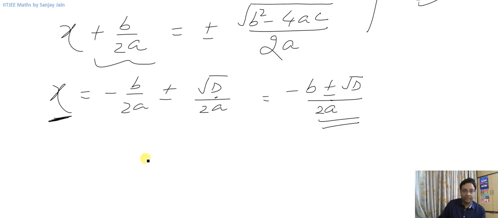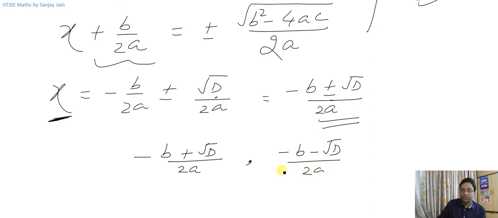I can write x is equal to minus b plus root D by 2a, minus b minus root D by 2a. So these are two values of x, okay, which satisfy the given quadratic equation. So I can say that these are roots of the quadratic equation, okay. These are roots of the quadratic equation.